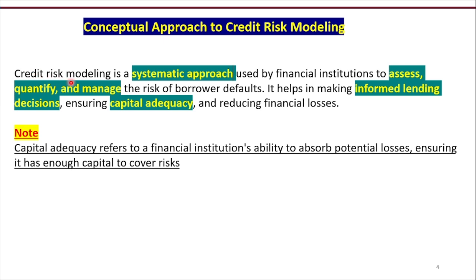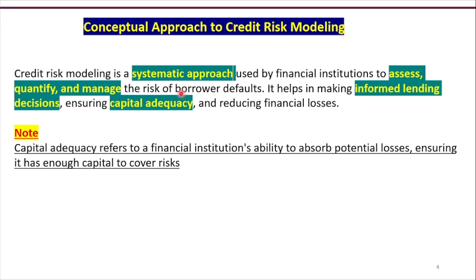So what does modeling say to us? It's a systematic approach. Who uses this? Financial institutions use this. For what purpose? To assess, quantify and manage, for these three purposes. What? The risk of the borrower.